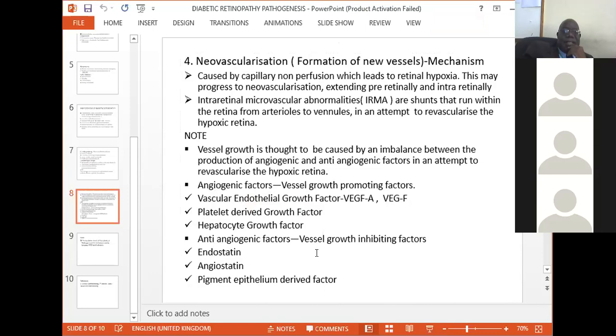Anti-angiogenic factors, vessel growth inhibiting factors, are endostatin, angiostatin, and pigment epithelium derived factor. These stop growth, while the angiogenic factors promote growth of the blood vessels.